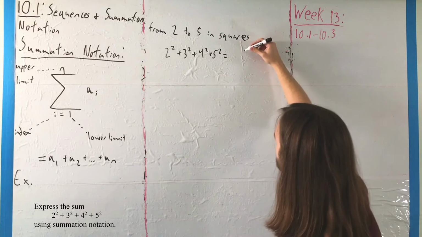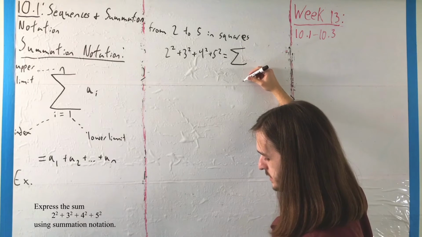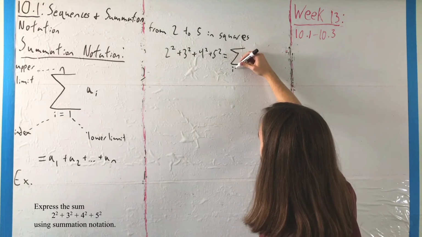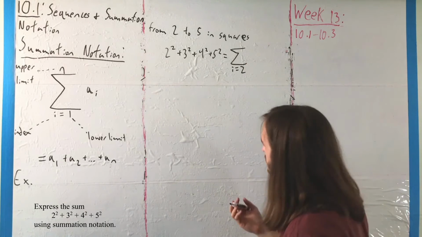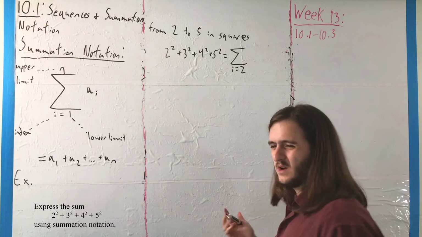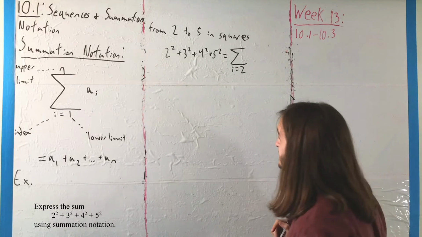Well, if we want to pull that in, we have our sigma, where we're starting at 2, so I'll say i equals 2. Like I said, you don't just start at 1, but we often do. You could make it 1 and then readjust. It's called reindexing. We're not going to worry about reindexing too much in this class.